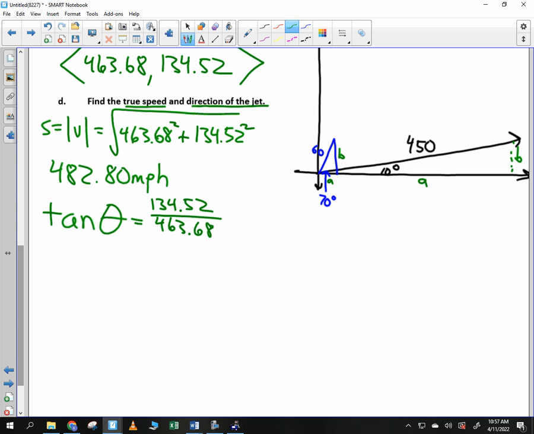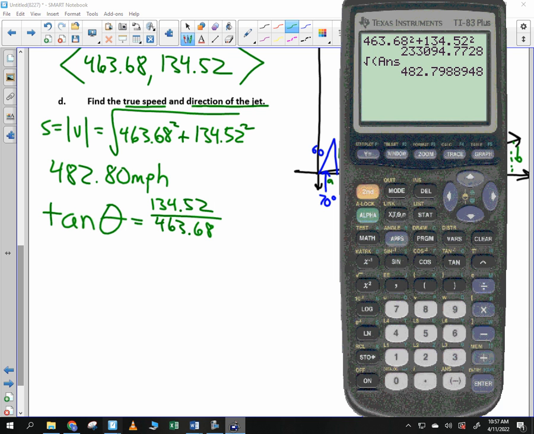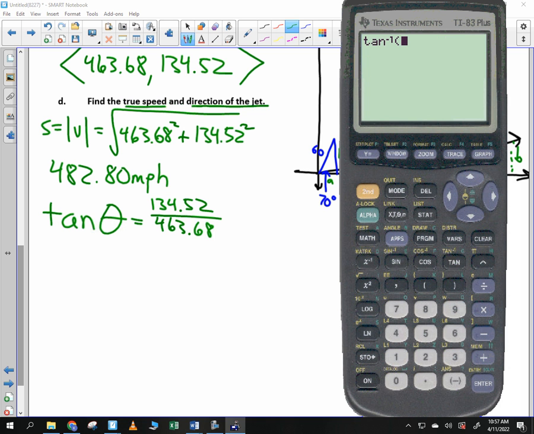And you know how to solve that, right? What do we do to solve that? Yep, we just do the inverse. Who cares about the big numbers? Tangent inverse of 134.52 divided by 463.68. And I get 16.18 degrees.